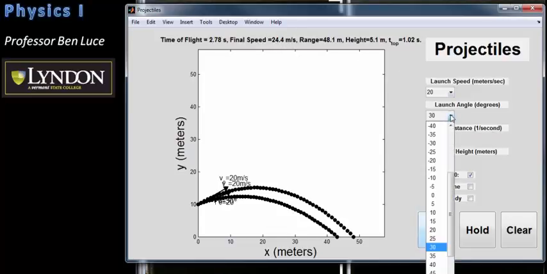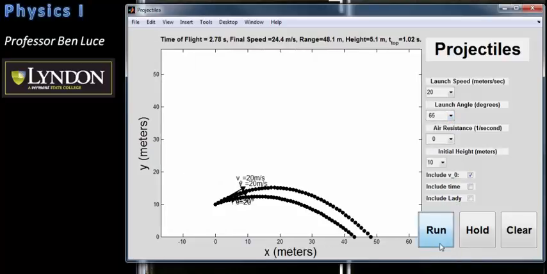Let's pick a very different angle. Let's launch at, say, 65 here. Now we have a much shorter range, a much steeper angle, a very different time of flight, but yet again, our final speed is 24.4 meters per second.